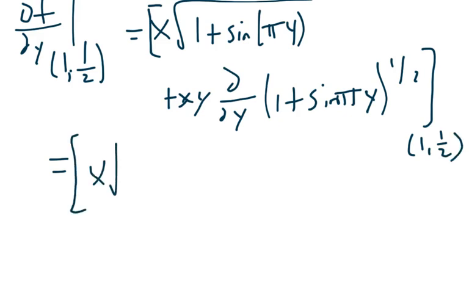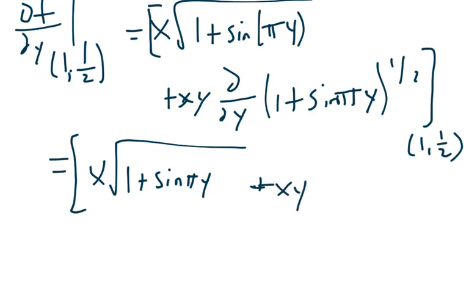This is x square root of 1 plus sine pi y, plus xy d by dy. So we're going to do the derivative of the inside first. So we have pi cosine pi y, and then we have the derivative of the square root.